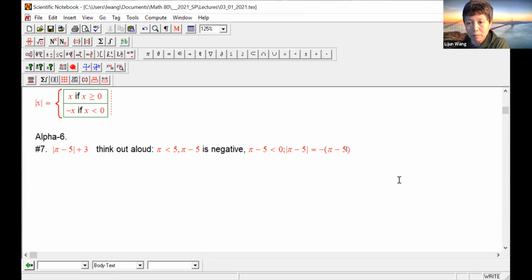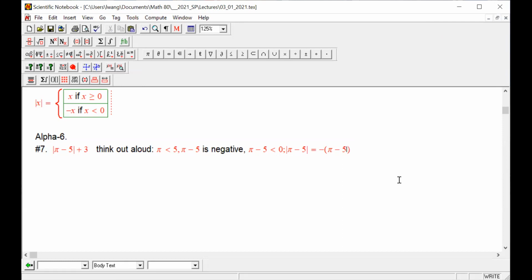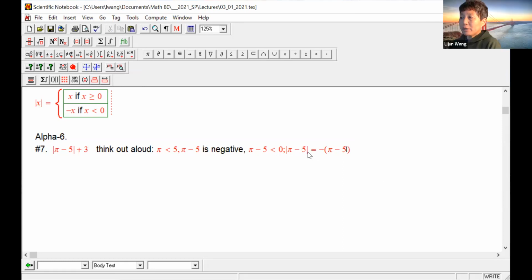Do you follow me? Yes. And then once we get rid of the absolute value sign, we can distribute the negative sign inside. So we're going to get 5 minus pi. Do you follow me?